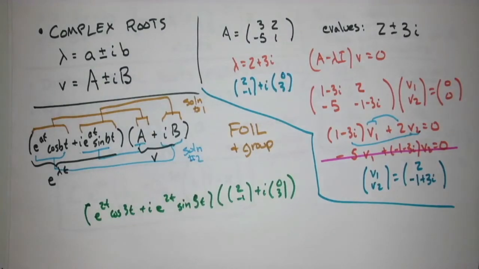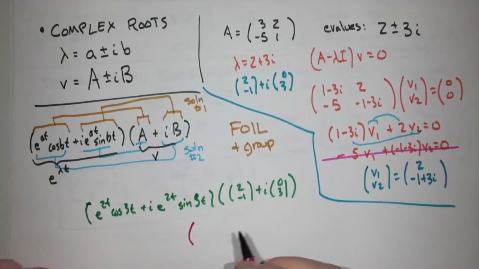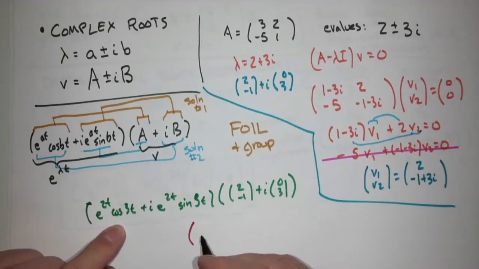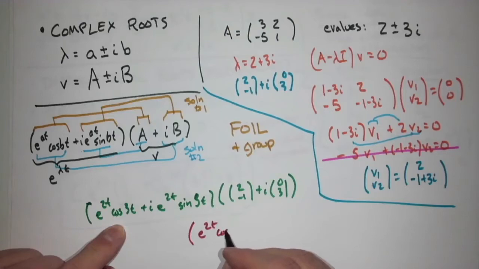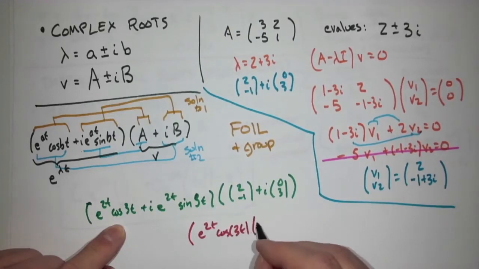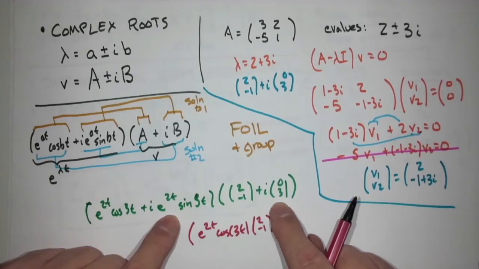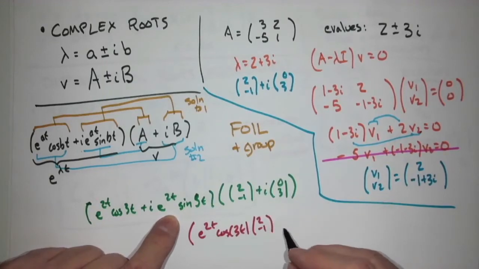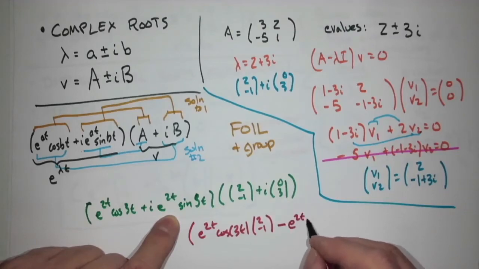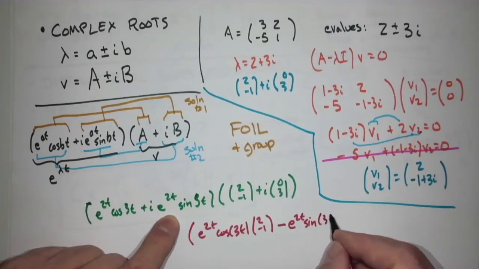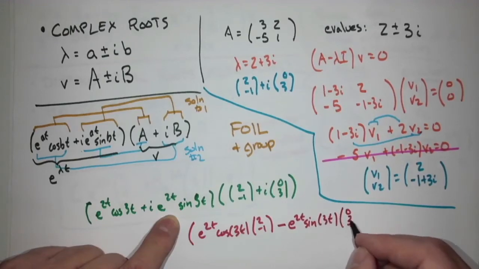So for us, we would have e to the 2t cosine 3t times (2, minus 1). i squared, don't forget you need to take care of that. i squared would be minus e to the 2t sine 3t (0, 3).